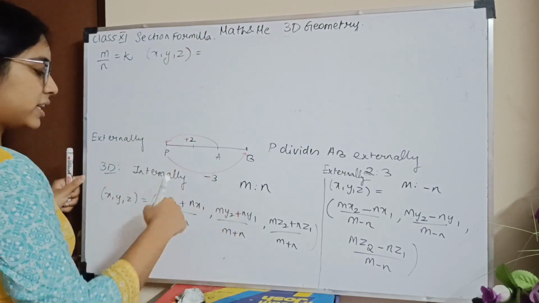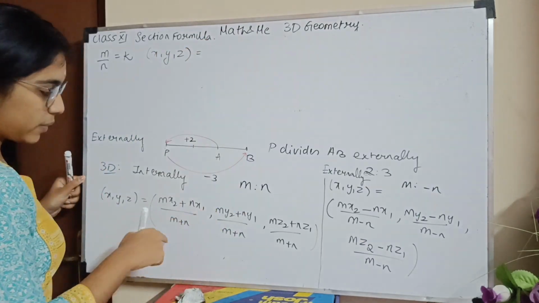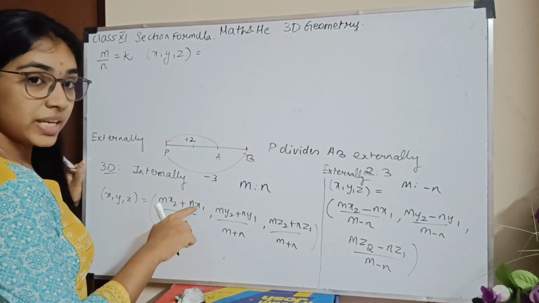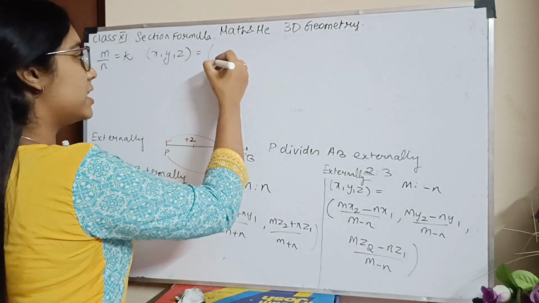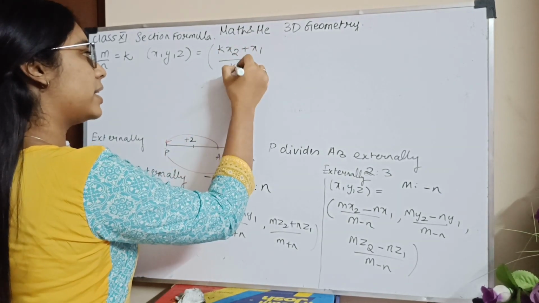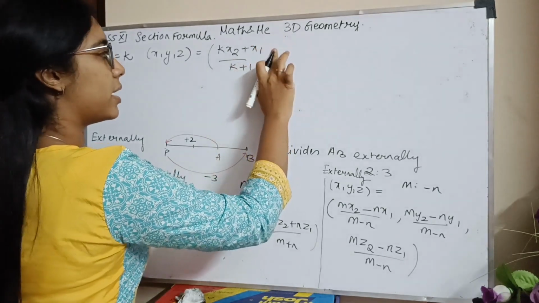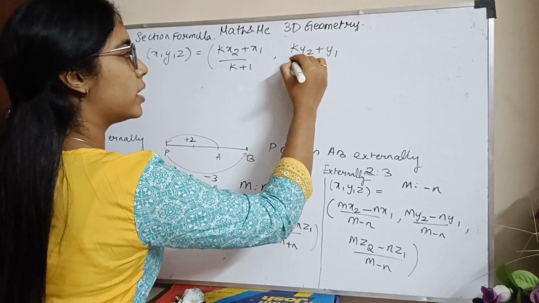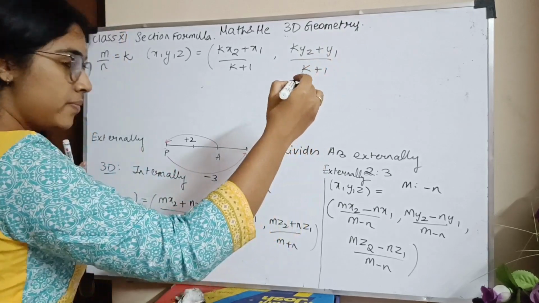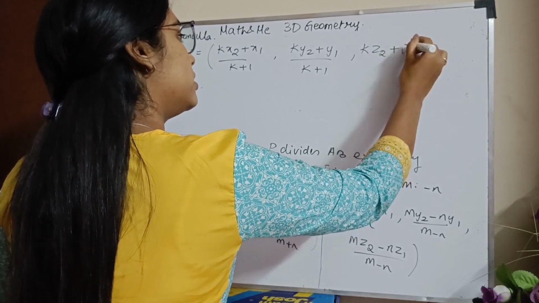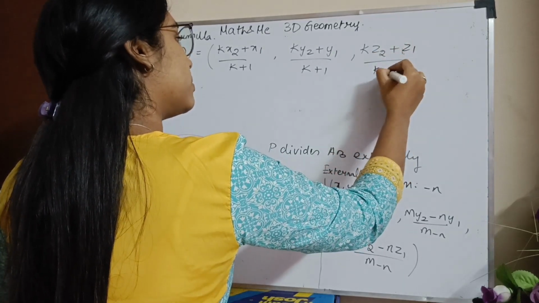Internally, I divide the whole equation by n, so I'll have m divided by n plus 1. So basically I'll have (k x2 plus x1) divided by (k plus 1), comma (k y2 plus y1) divided by (k plus 1), and (k z2 plus z1) divided by (k plus 1).